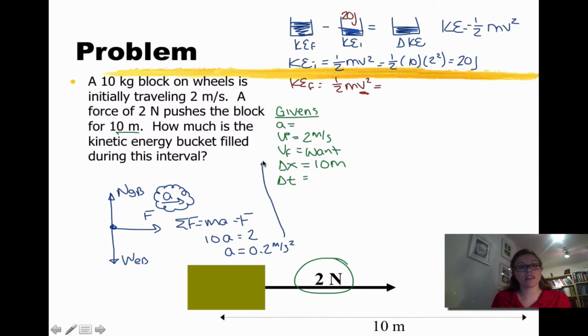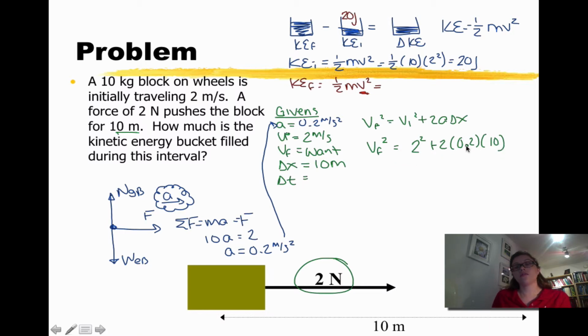And that could go up here. Okay, and now we could use a kinematic equation that doesn't involve time: Vf squared equals Vi squared plus 2a change in x. Vf is what we're looking for. Vi is 2, squared, plus 2 times 0.2 times 10. So 0.2 times 10 is 2, so it's 2 times 2, which is 4, and this 2 squared is 4.